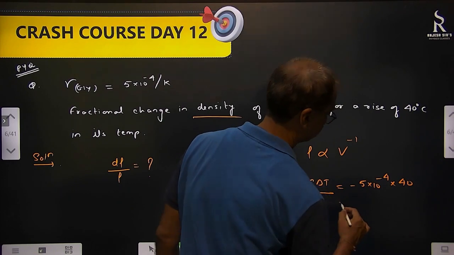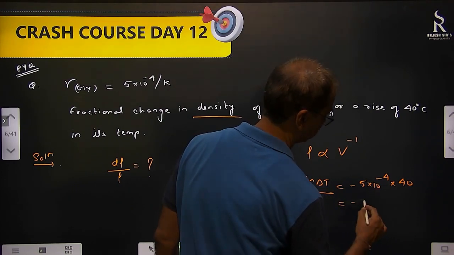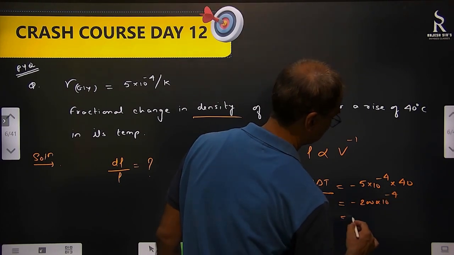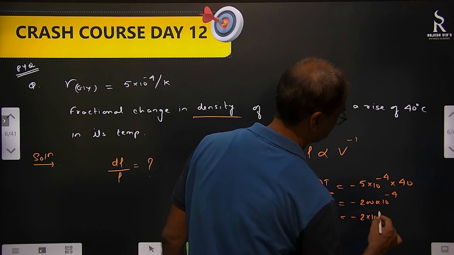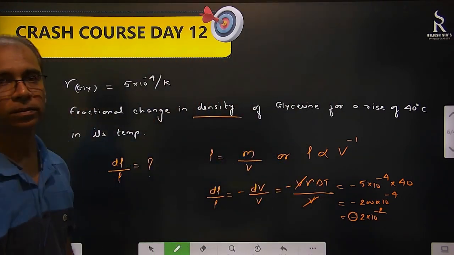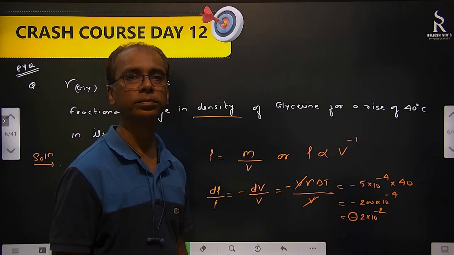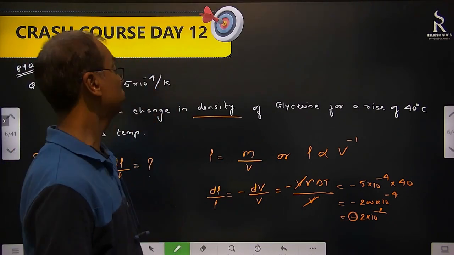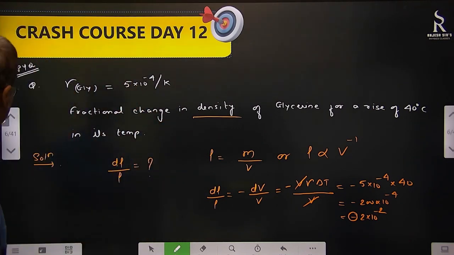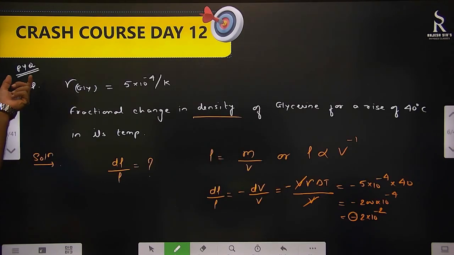That's all. That will be minus 200 into 10 to the power minus 4. That is 2 into 10 to the power minus 2. Minus represents what? It is decreasing, nothing else. So fractional change is 2 into 10 to the power minus 2. Do you see how we are using this error concept? Move ahead. These are all P by Qs. This is P by Q actually.